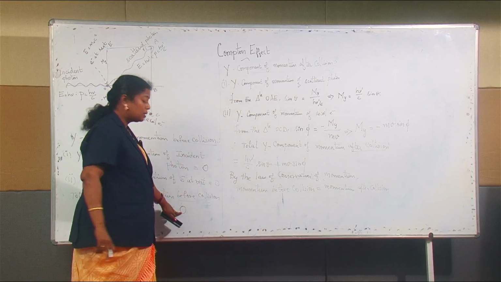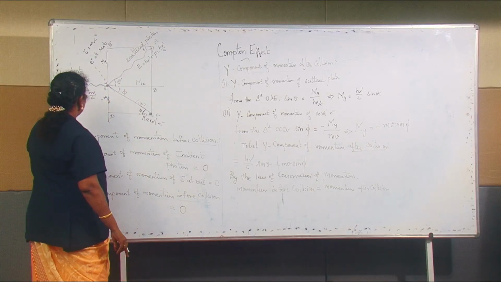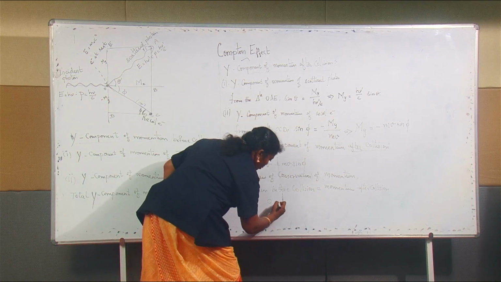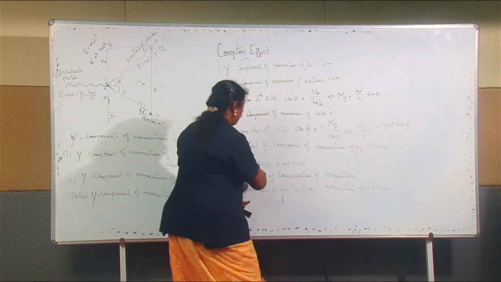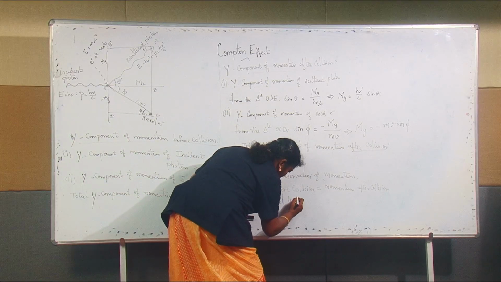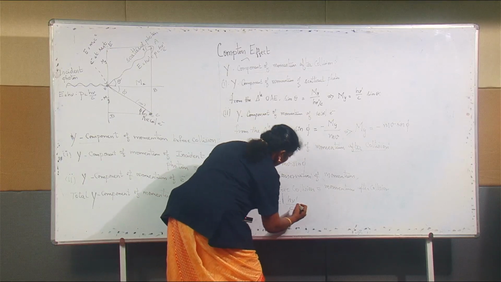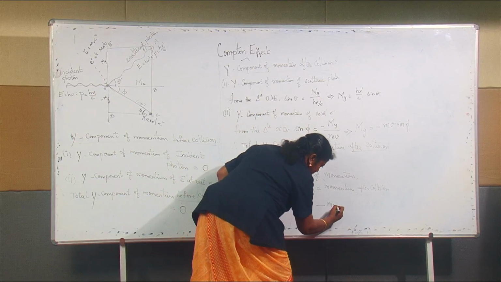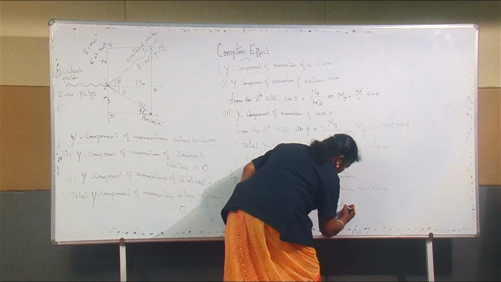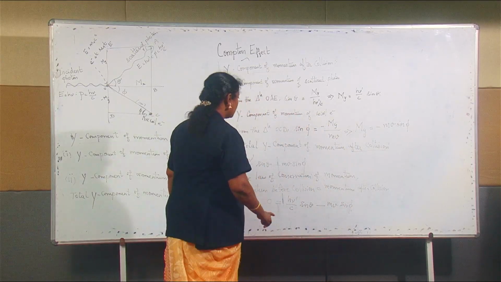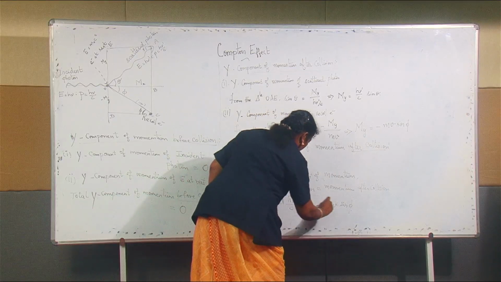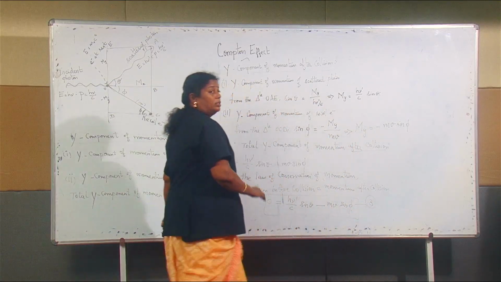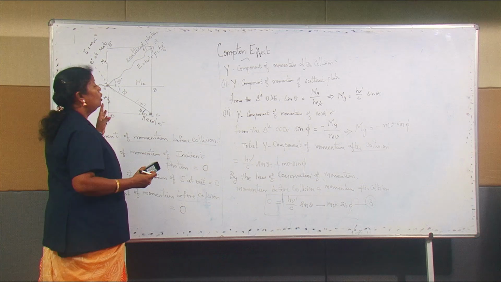The before collision answer is 0, since the incident photon is passing only along the x-axis, not the y-axis. Therefore, before collision is 0, and after collision we add the two terms: h nu dash by c sine theta minus mv sine phi. Yes, this is equation number 3. With this equation 3 only, we want to find the Compton shift.